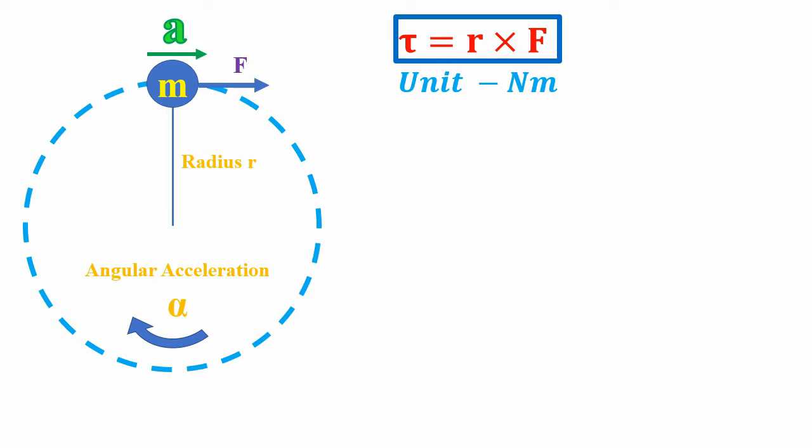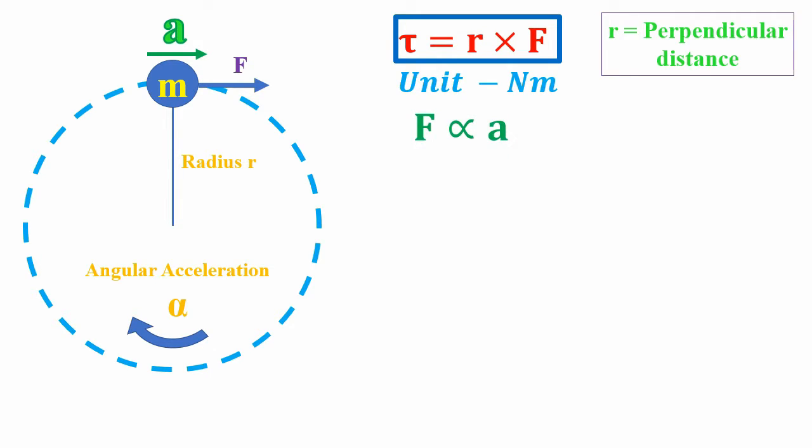So you can express torque as the product of the force acting on the object and the perpendicular distance to the force from the point of rotation. The force acting on the object is directly proportional to the tangential acceleration, and similarly the torque acting on the object is directly proportional to its angular acceleration.